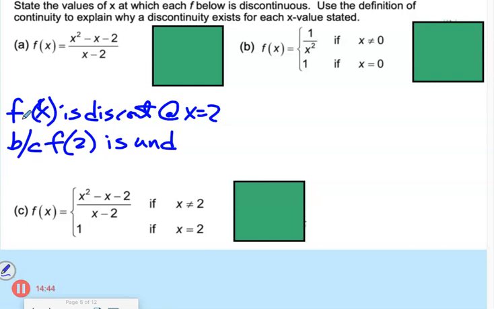So let's walk through our 3. So Tommy, is f of 0 defined? Yeah. What is it? 1. So f of 0 is 1. What about the limit? When we have a not-equals, equals kind of piecewise, do we use the not-equals or the equals for the limit? The not-equals. Why?